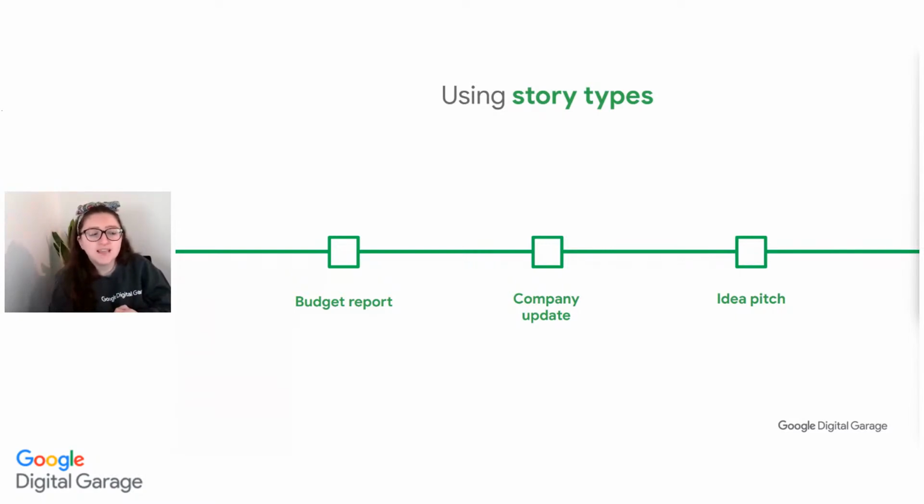Then we have an ideas pitch. What kind of story could we use for an ideas pitch? Maybe a vision story. Again, that inspiring future vision. Or maybe for an ideas pitch, we want to use a combination. We're going to draw them in with our realization story.